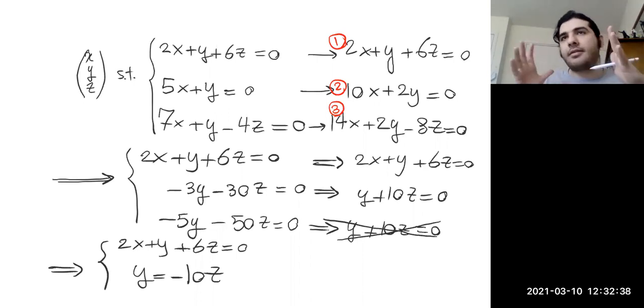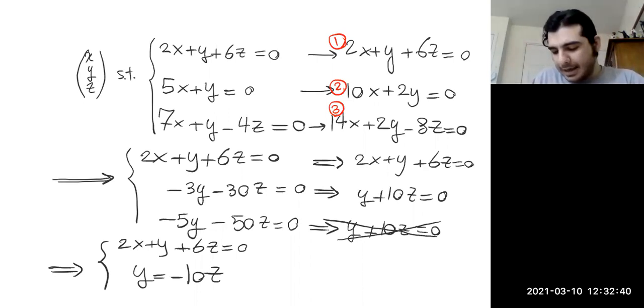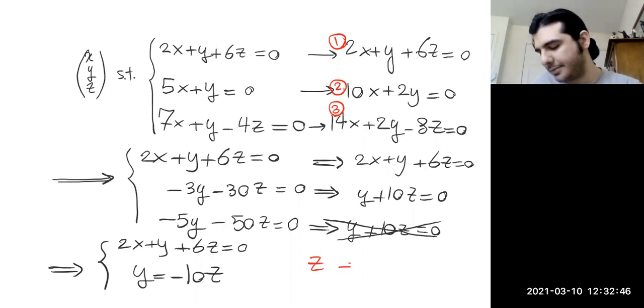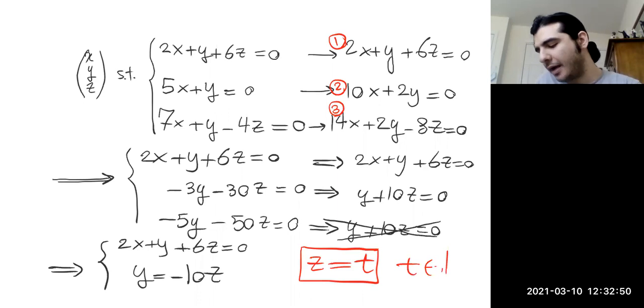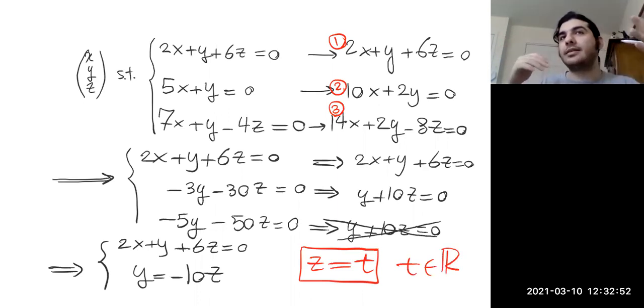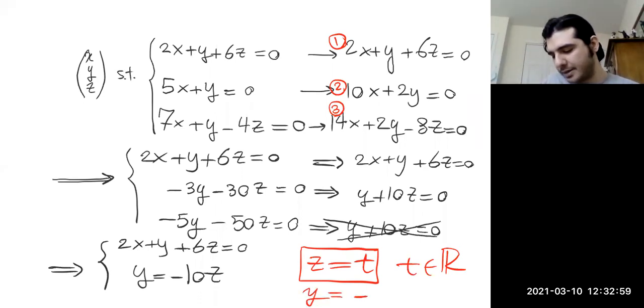So I can fix some variable here. Let's say I take z to be the variable. I would call that t. t can be any real number. So I would allow z to be anything it wants. It can change. And then y is minus 10z, so it would be minus 10 times t. Now let's substitute them inside the first equation.